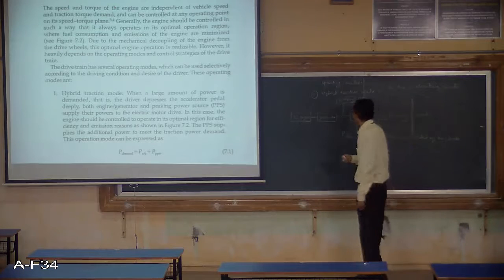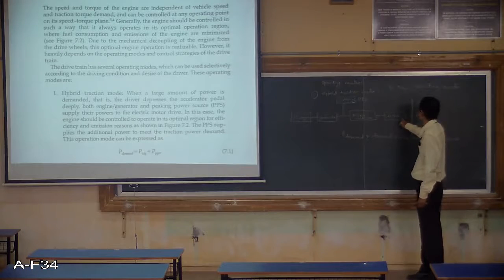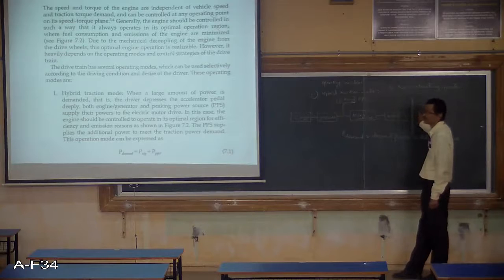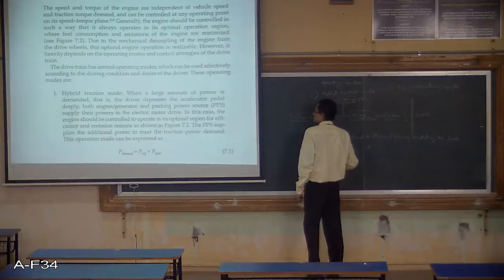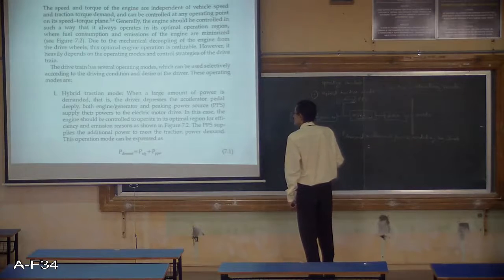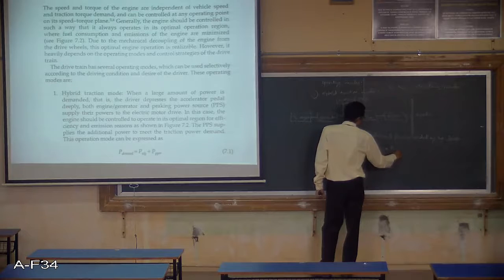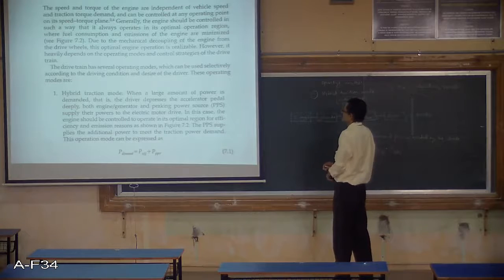When the driver presses the accelerator pedal, this motor is supposed to run at higher speeds and higher torque, and under this condition P demand is nothing but the demanded power by the wheels. So under this condition, P demand is equal to PEG plus PPS. So both engine and generator and peaking power source supply power to the electric motor drive.